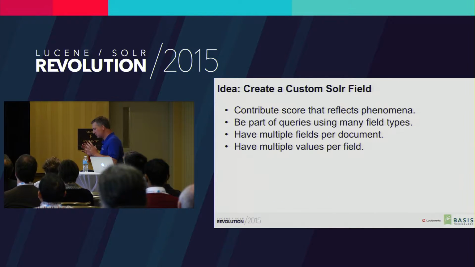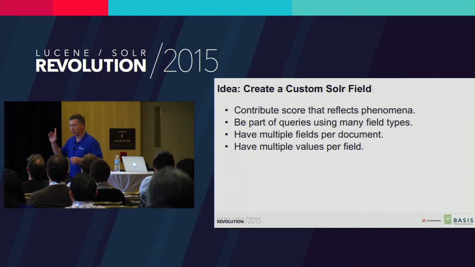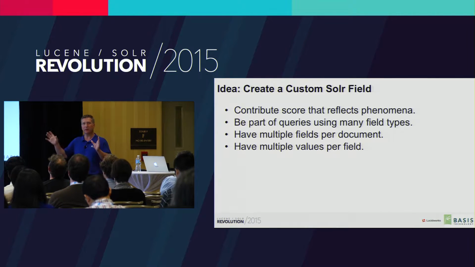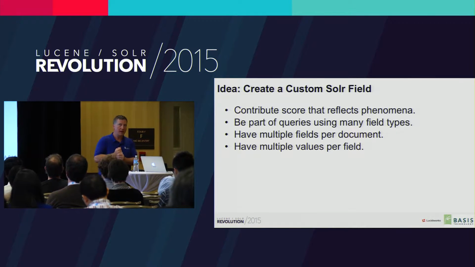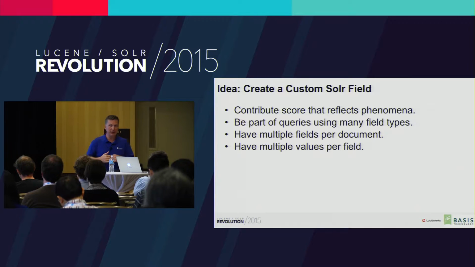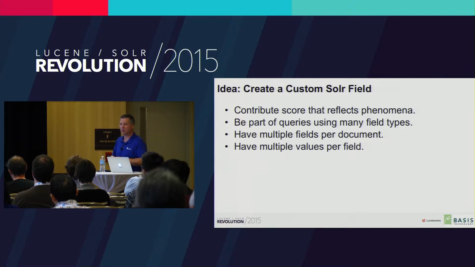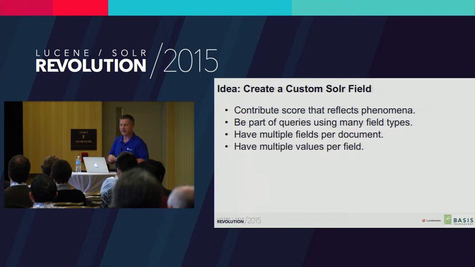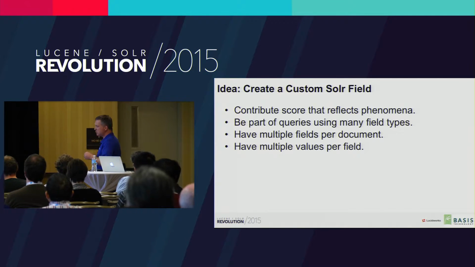So the idea, and this isn't terribly new, but it's create a single field. And anyone could do this, right? You take one field, create a custom field type, and below that create individual subfields to deal with each of those phenomena. And then you could do a couple things, right?